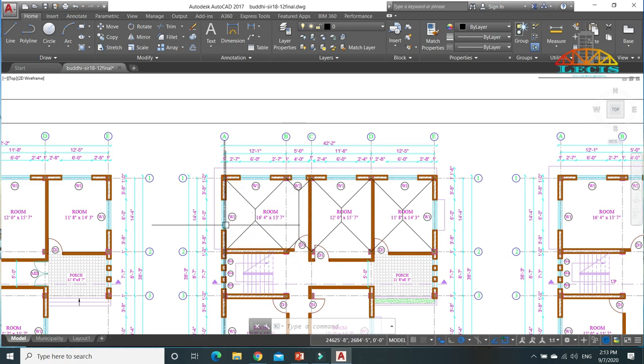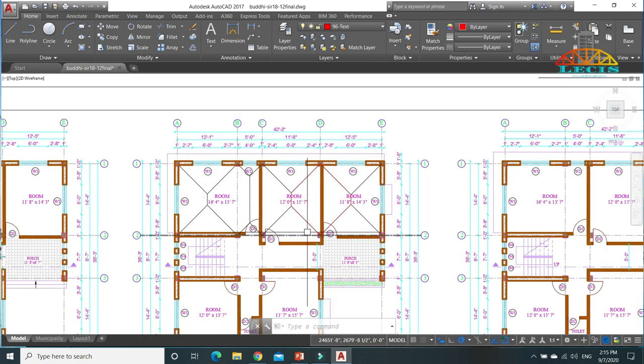Again, among all these beams in A, B, C, D, and E grids, I think this D grid beam, that is this beam, takes maximum area. Because as you can see here, this area is greater among all the areas drawn respective to that beam.